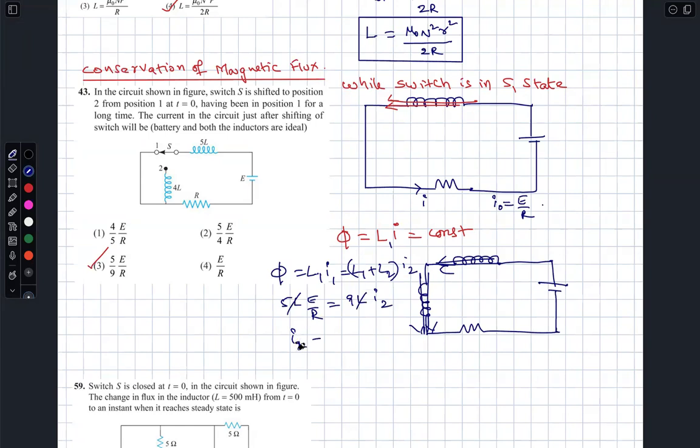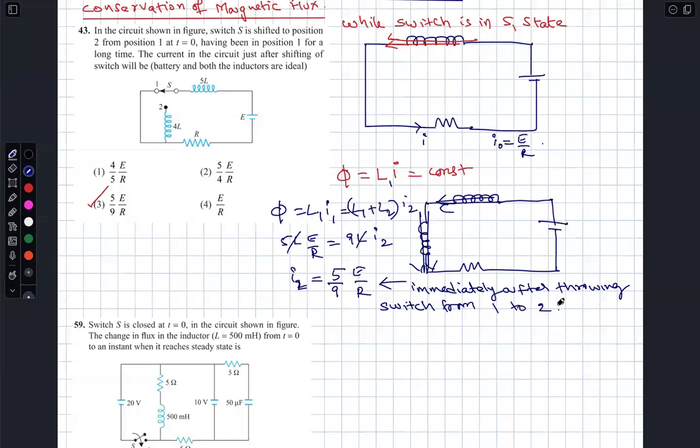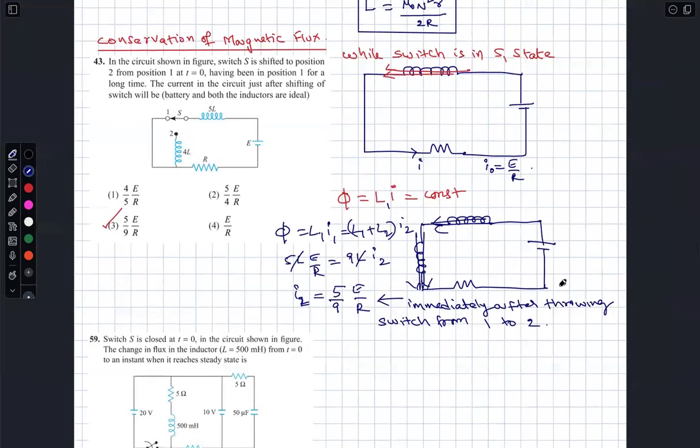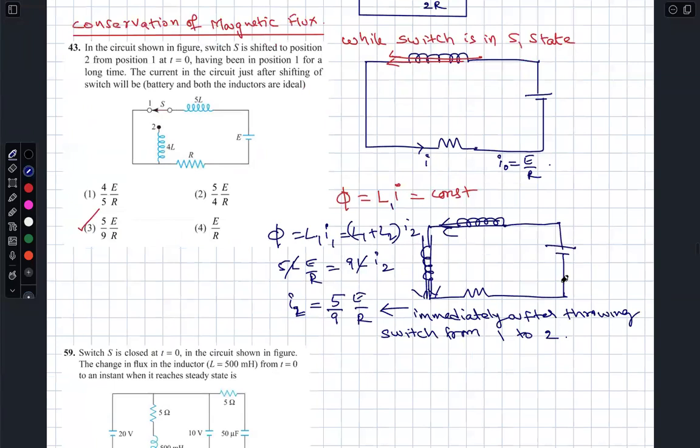So immediately after throwing the switch, from 1 to 2, that's the deal. So you have 5 by 9 E by R for this.